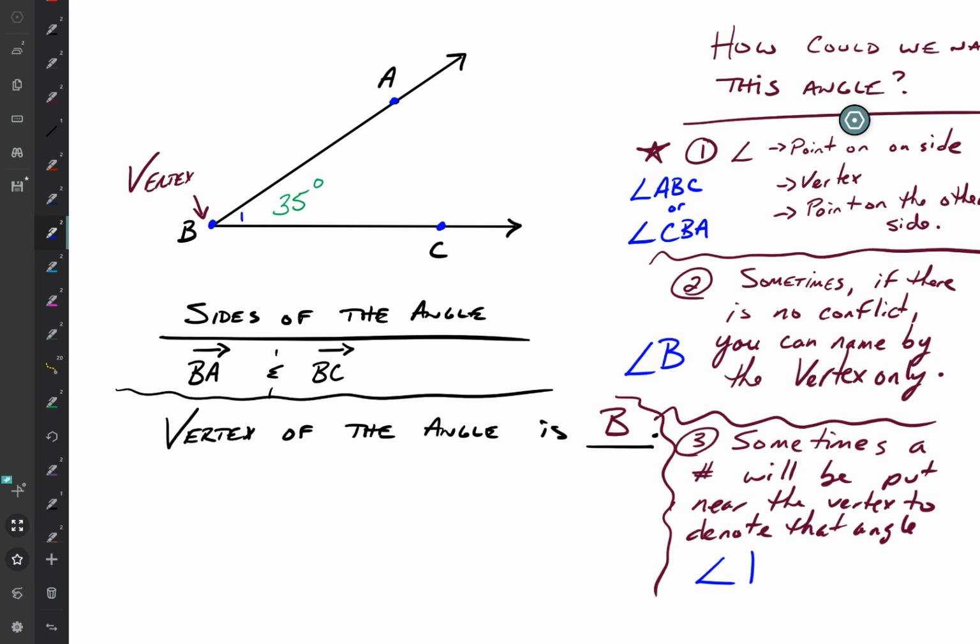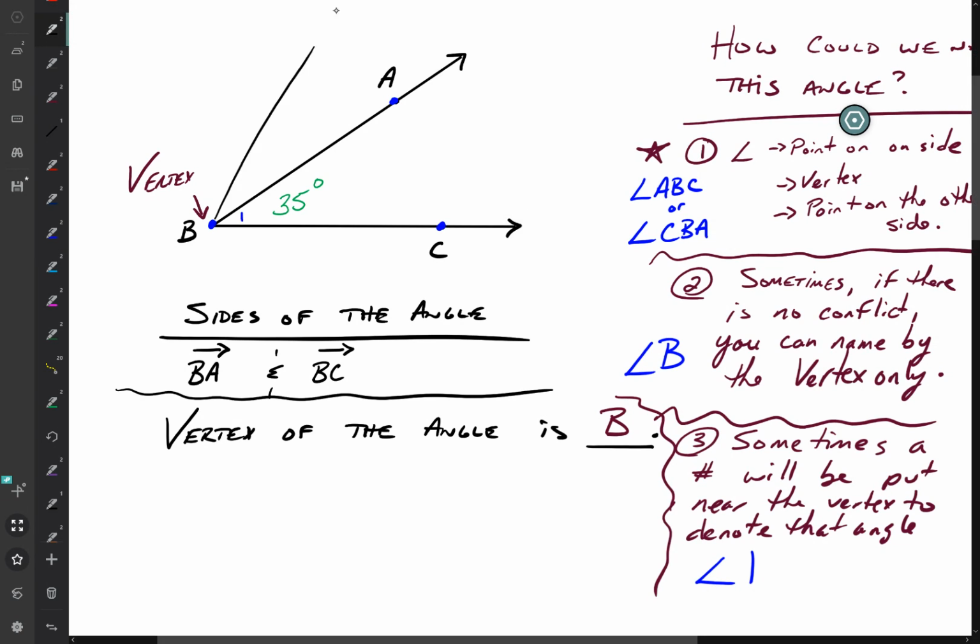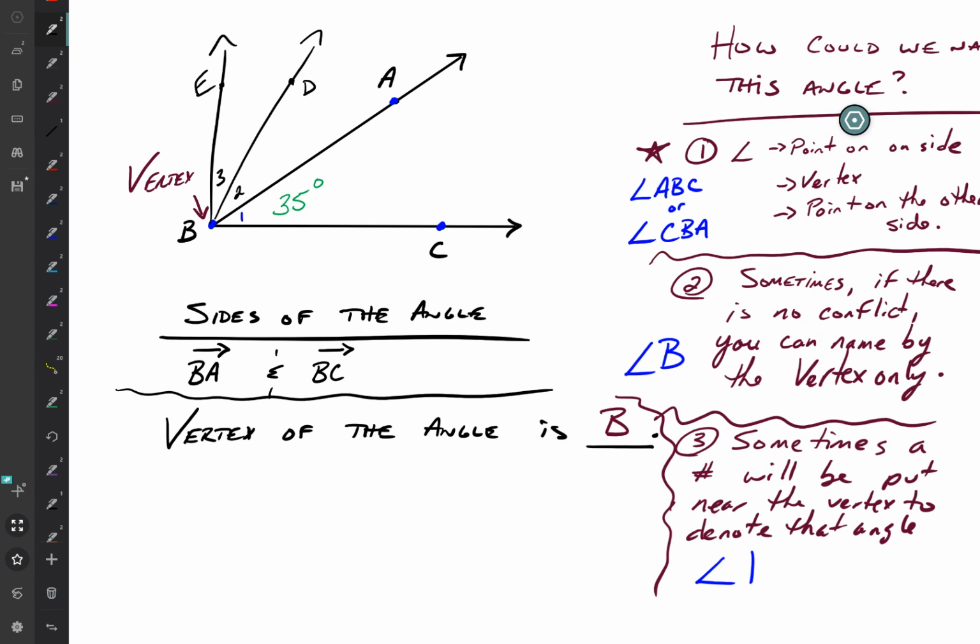That won't always be done though. Once again, I could have, and don't draw this, I could write 2 there and 3 there, couldn't I? When you see a bunch of these written together like that, you'll see them sometimes label them like that, which is nice. It's very easy to see. You know which one's angle 1, angle 2, angle 3.